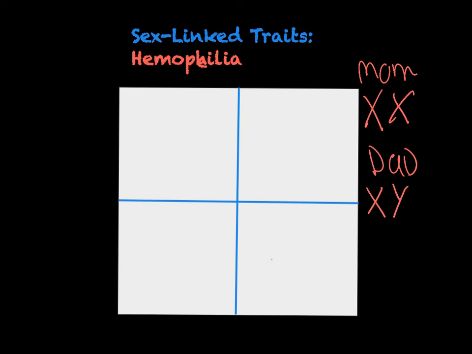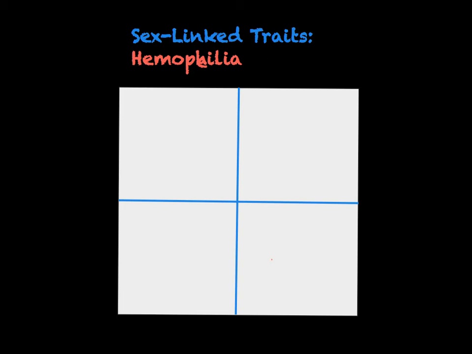So how sex-linked traits work is, it's almost like an exponent on the chromosome. Because we're going to use hemophilia, we're going to use an H as our exponent. So big H means you don't have hemophilia. Little h means you do have hemophilia.